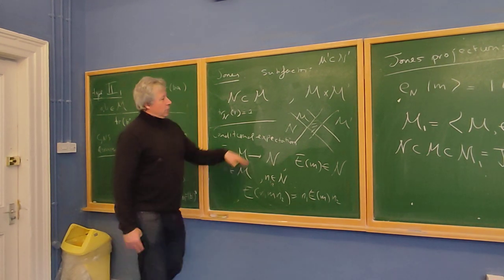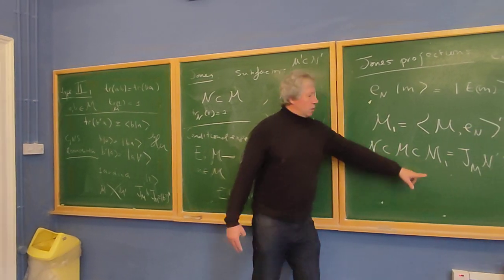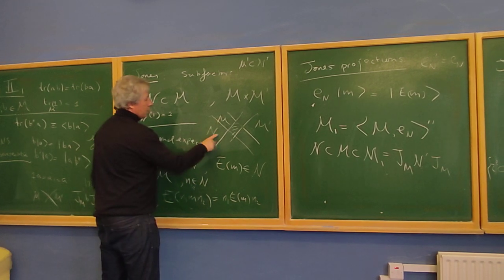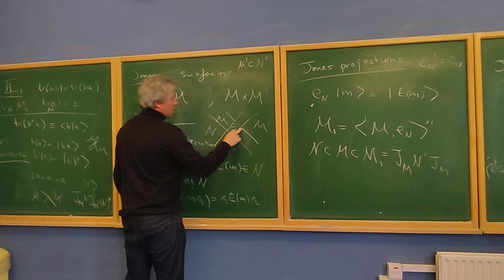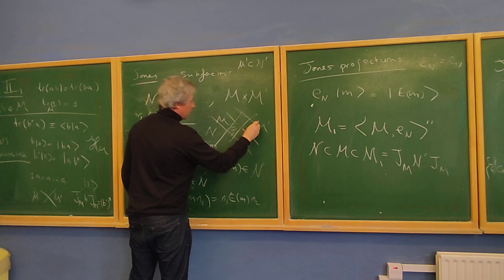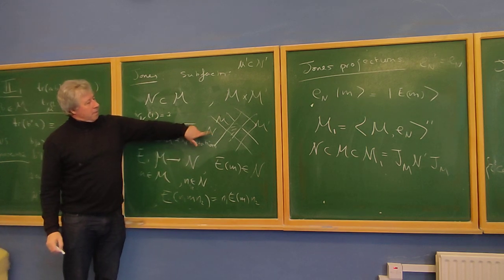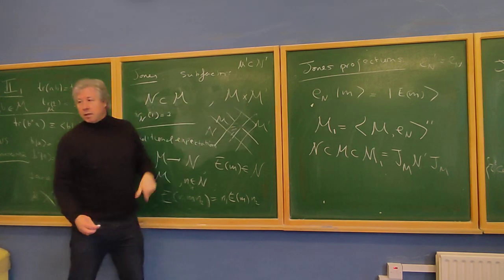But the thing that I want to show in the picture is where this algebra M1 is sitting. When I do it like this, you take the commutant of this one, which is basically here, but then you have to reflect it into this point. So there's some algebra which is bigger, which is sitting here, which basically takes this one and reflects it to this point, so we have it there.